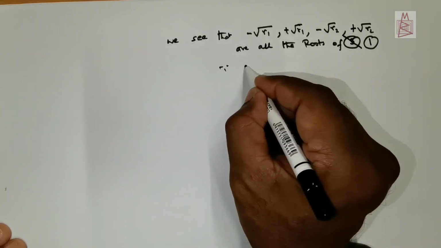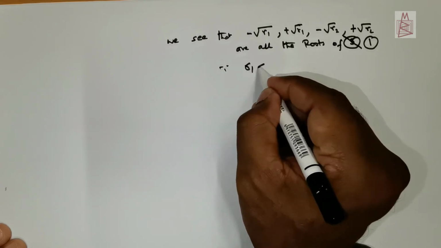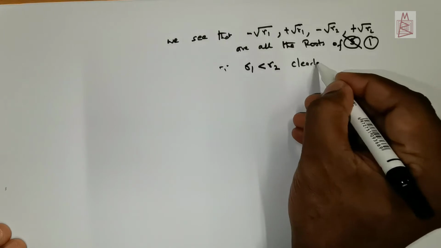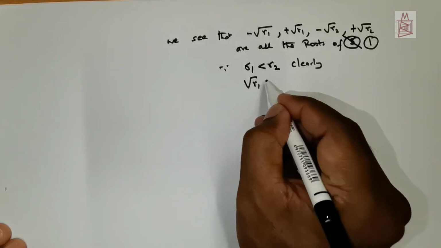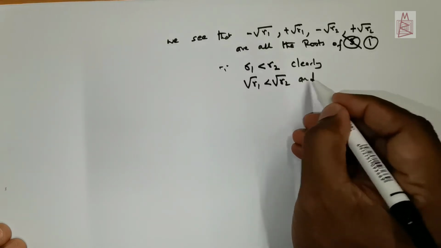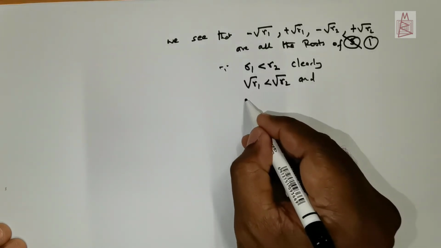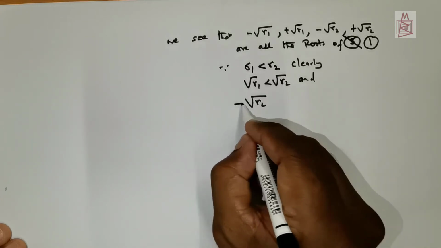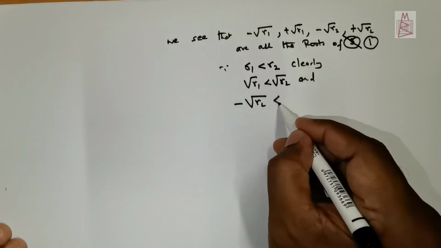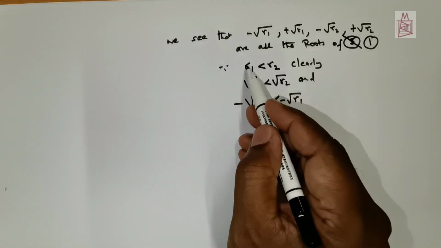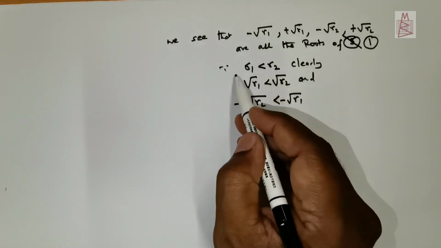Since we have made the assumption that R1 is less than R2, clearly root of R1 is less than root of R2, and it also means that root of R2 with the negative sign is going to be less than negative root of R1, because R1 is less than R2 on the positive side.